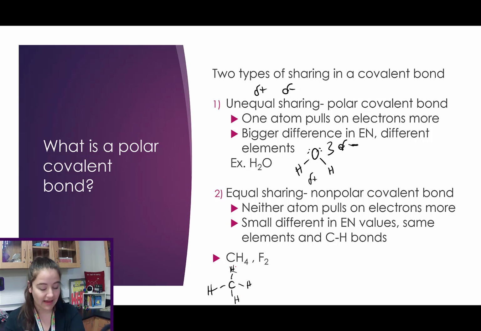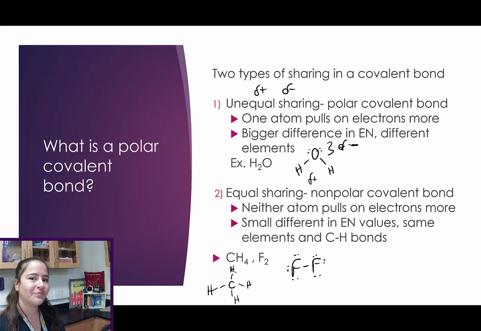So it is a completely nonpolar compound. Fluorine and fluorine, you got 2 of the same atoms. They're going to pull on the electrons the same amount. You're not going to have one hogging more than another. And this will lead to how they interact with other molecules. So like polar compounds tend to interact with other polar compounds more than nonpolar compounds, and so on and so forth. But that's it for covalent compounds. Okay, cool.